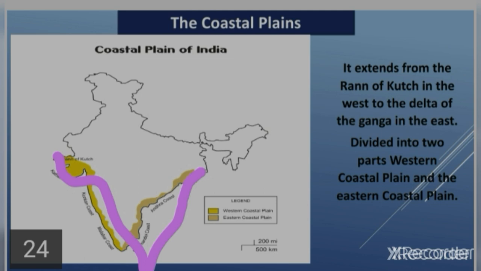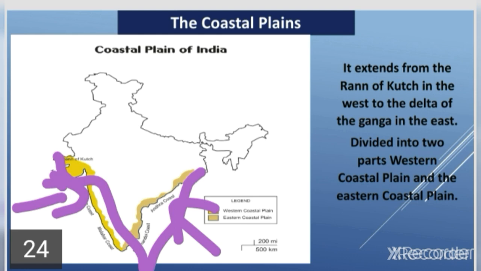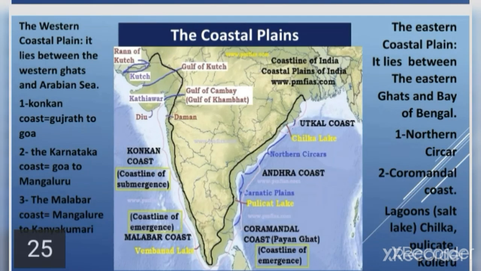This is the coastal plains, and it is divided into two parts. One is the western coast, another one is the eastern coast. This is west and this is east. Let's see the differences between the western coastal plains and the eastern coastal plains. Okay children, the western coastal plains, it is here.